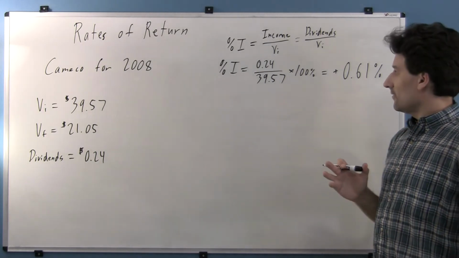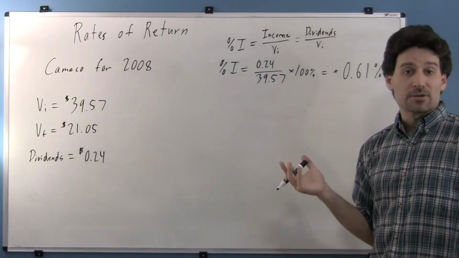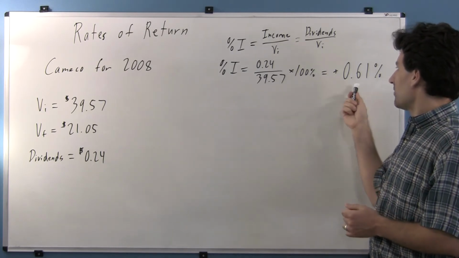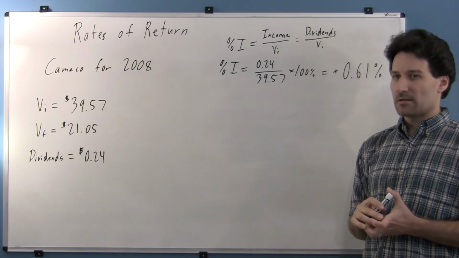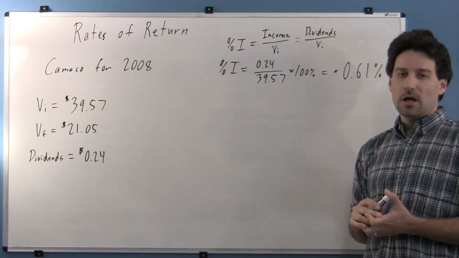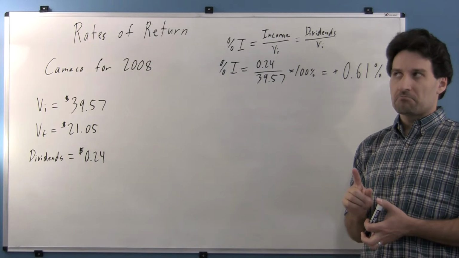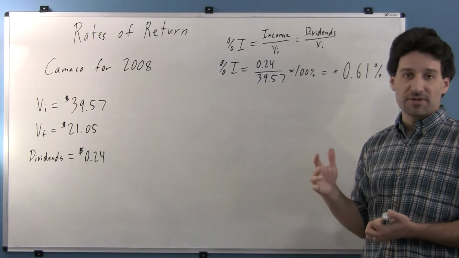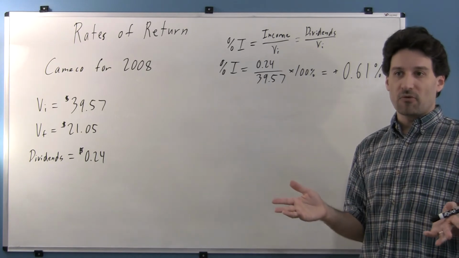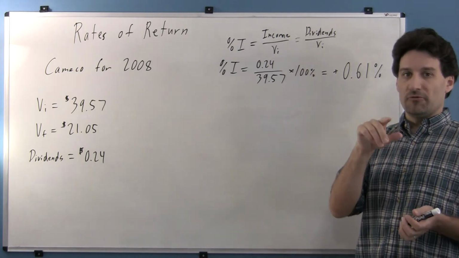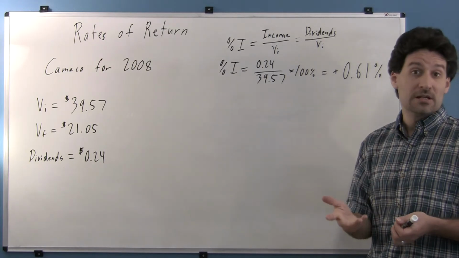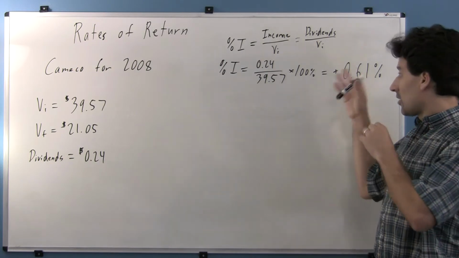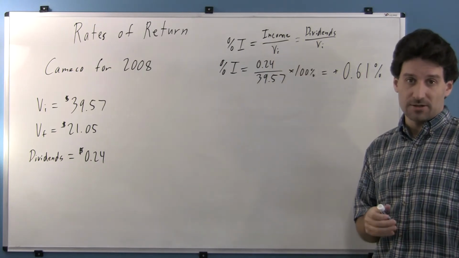Remember, you can always keep an eye on the answers and make sure they make reasonable sense. 0.61%, so a little under 1%. 39.57 is about $40, and 1% of $40 would be, move the decimal point over two places, 40 cents. And we earned 24 cents. So around 0.5% sounds about right.